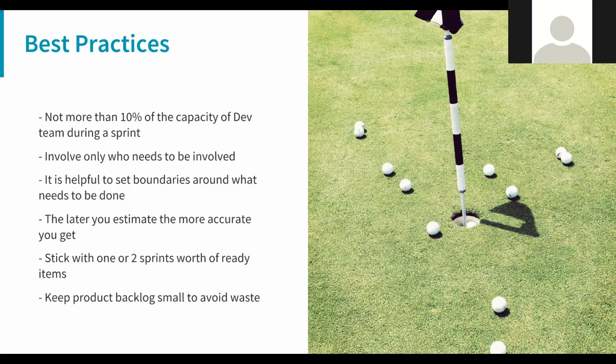It's also helpful to set boundaries around what needs to be done. If you think about the definition of ready, it's a short checklist of things that the Scrum team should do before a product backlog item is brought into a sprint. It is helpful to set boundaries so that there is clarity and we're not wasting time doing what we don't need to do.